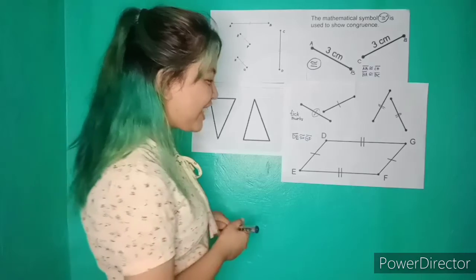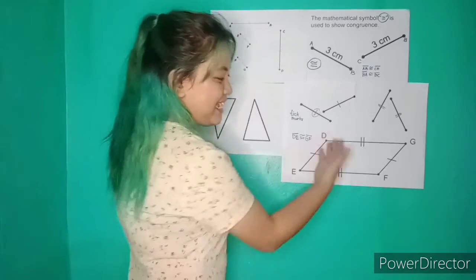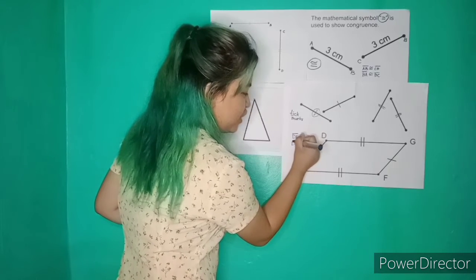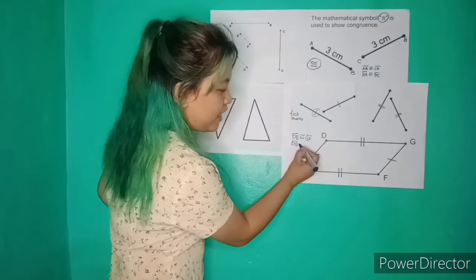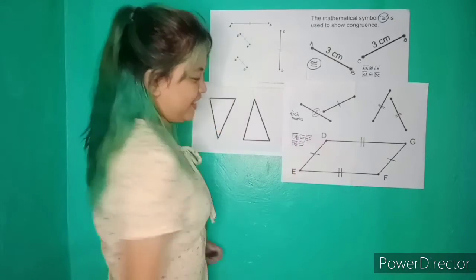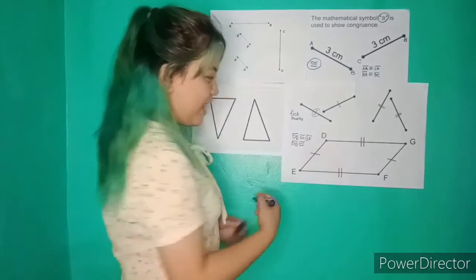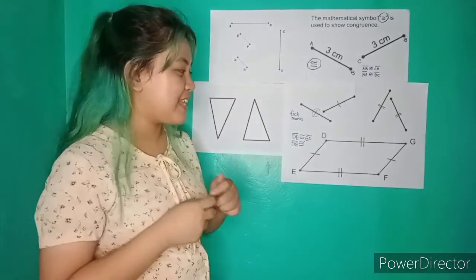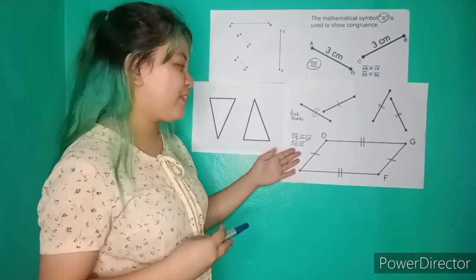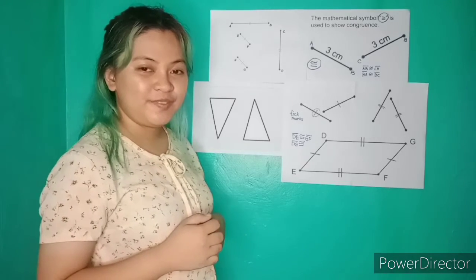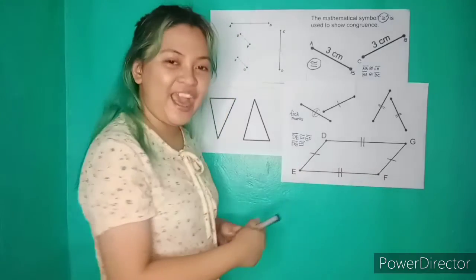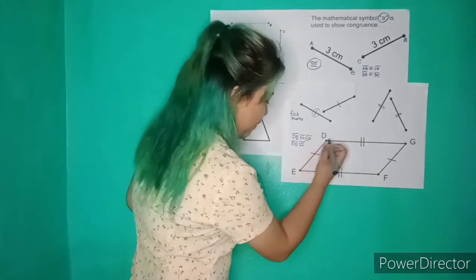Yes, we have here line segment BG, very good. Okay, we're gonna write here line segment BG, with a dash over it, and the mathematical sign for congruence. What is the other line segment that is the same as line segment BG? That is congruent to line segment BG. Yes, we have below the line segment EF. Very good. Okay, you are all participating.